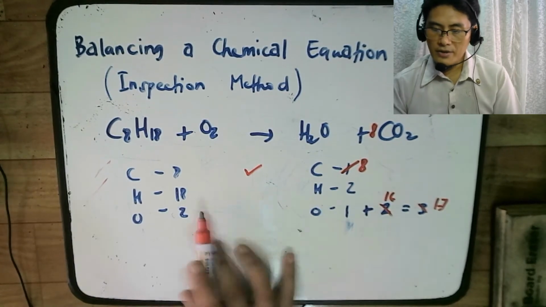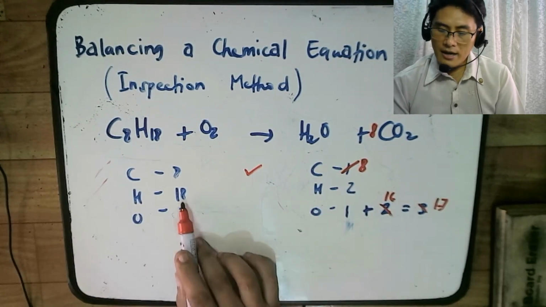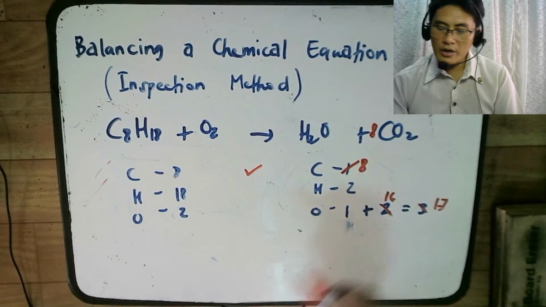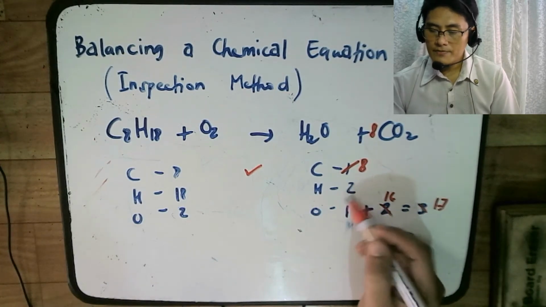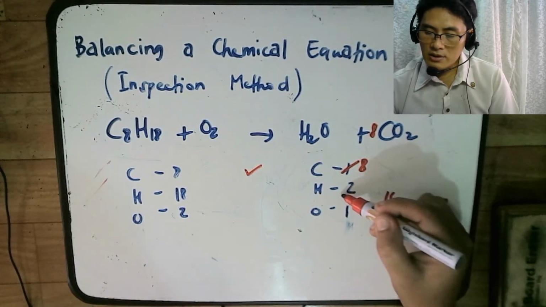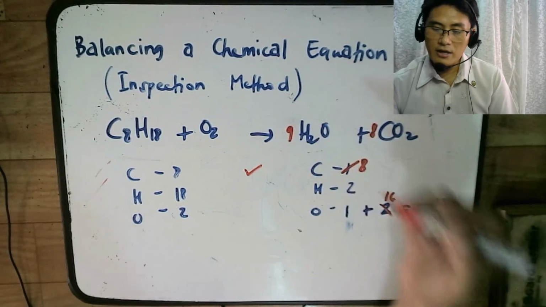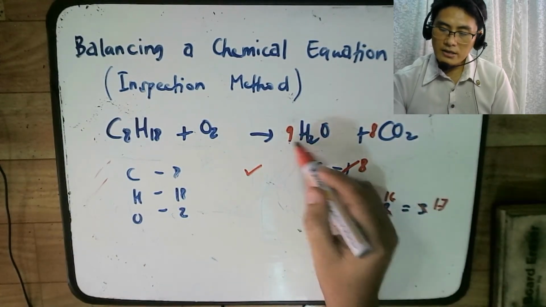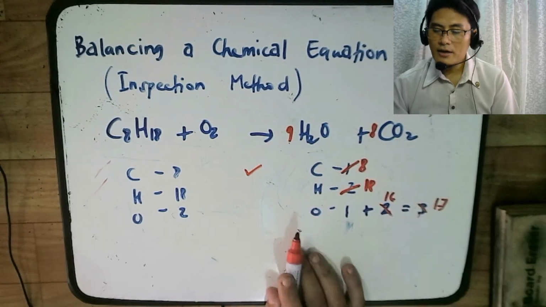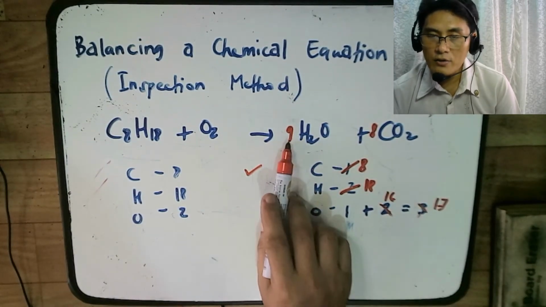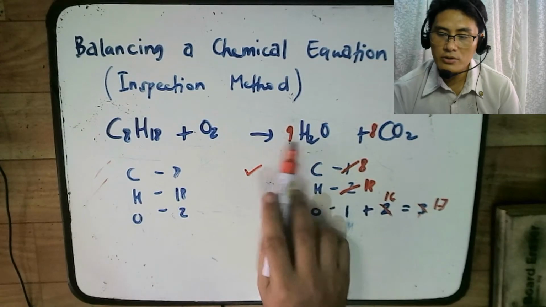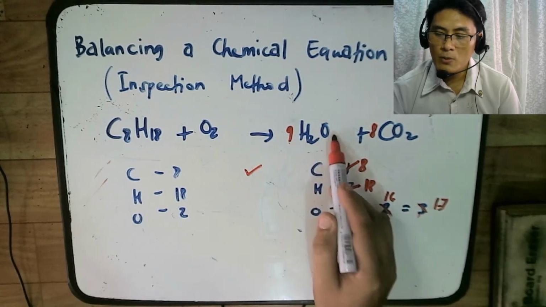Now you have to worry about the hydrogen. So again, 18 versus 2, you can adjust the smaller one. So you adjust this so that it becomes 18. So I have to have 9 here, so that you have 9 times 2 is 18. And again, don't forget that that coefficient does not just affect the hydrogen, but also affects the number of oxygen. So 1 times 9.